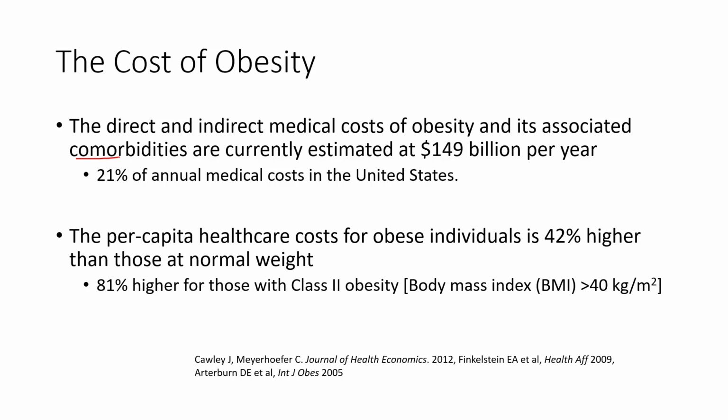It would make sense that a lot of our spending goes towards managing it. What maybe people don't realize is that the overall costs are higher. However, the per capita cost, if we're treating an obese patient, is 42% higher than it would be for a normal patient. There are unique needs, unique challenges, which raise the cost of managing that patient. It's 81% higher for those with class 2 obesity.